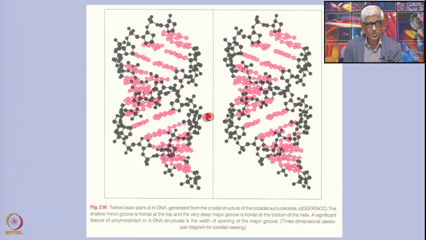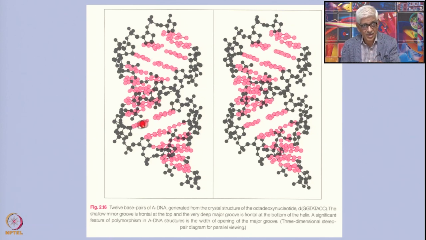Okay. And here you see the structure has a certain kind of fat shape, and the base pairs are tilted with respect to the axis of the DNA, the axis of the double helix. The axis of the double helix may go like this, and the base pairs are tilted.